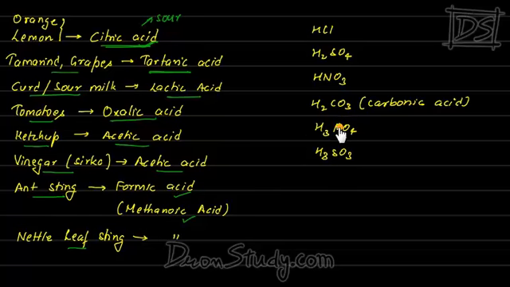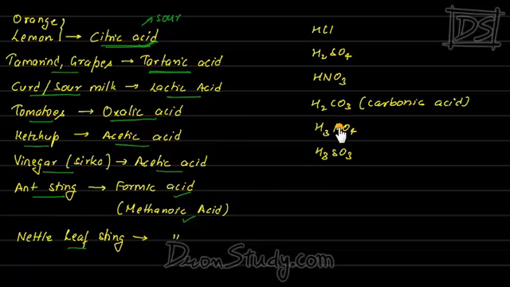Mineral acids are acids made by man, from minerals. Okay. So students, very clear difference. You might have understood. One more interesting thing, students, is that all the organic acids are weak acids. Each one of them is a weak acid.